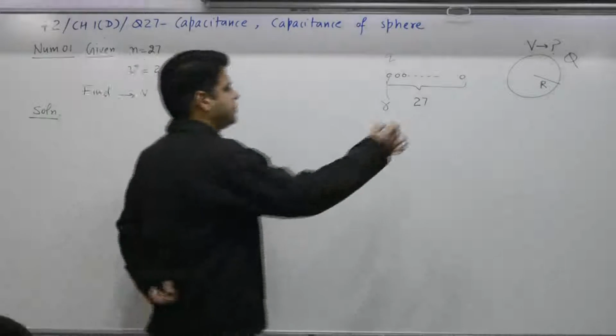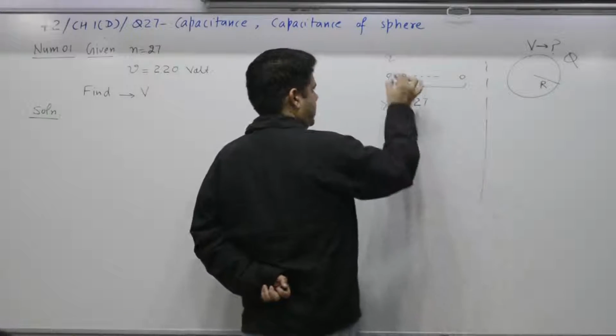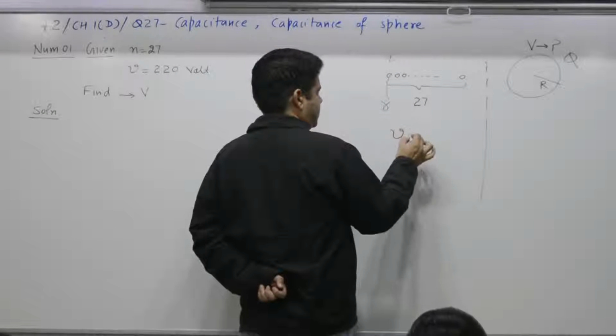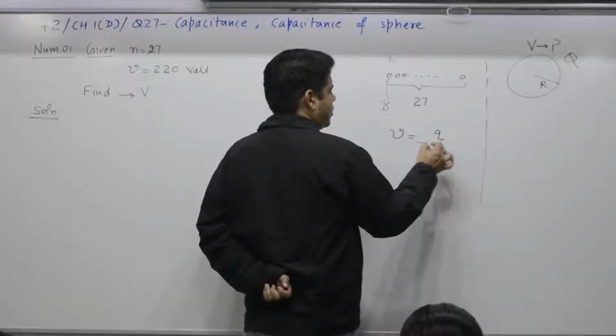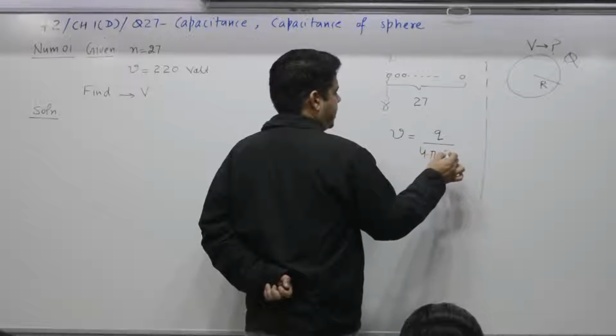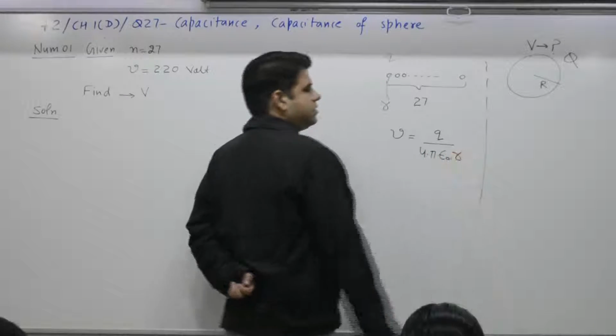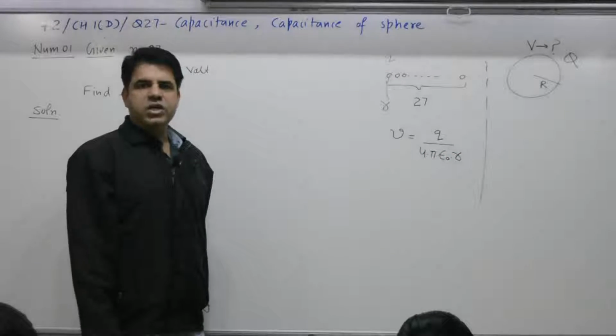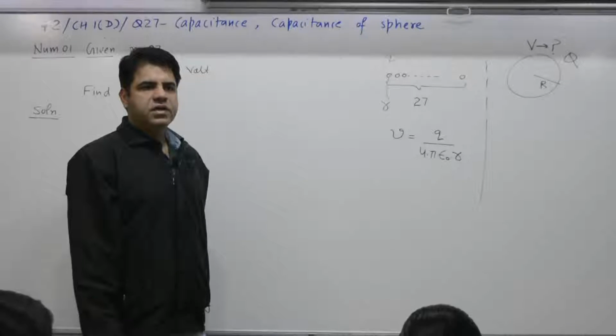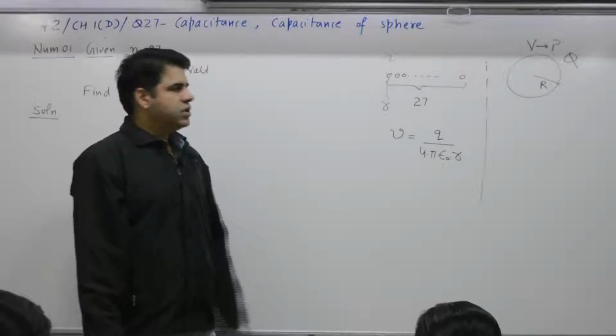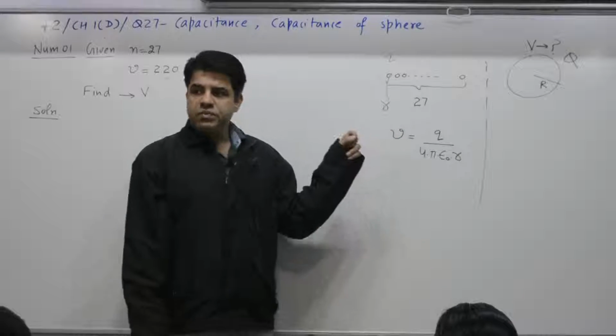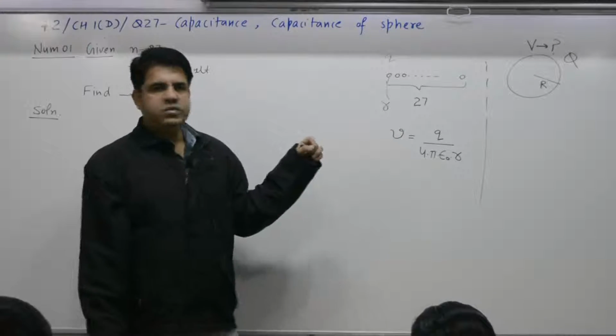Next hint. The potential of small drop, small v, is equal to small q over 4 pi epsilon naught small r. If a sphere is charged with charge q, radius is r, potential is how much? Q by 4 pi epsilon naught r.